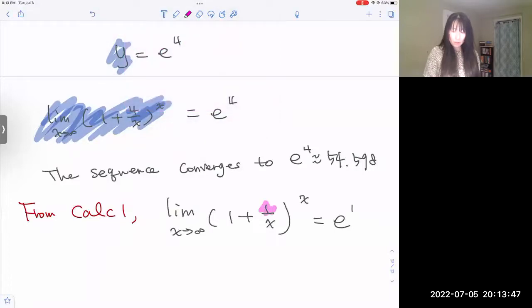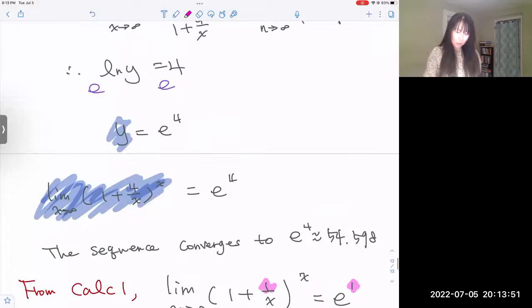Can you see that there is a 4 here, giving e to the 4th power?